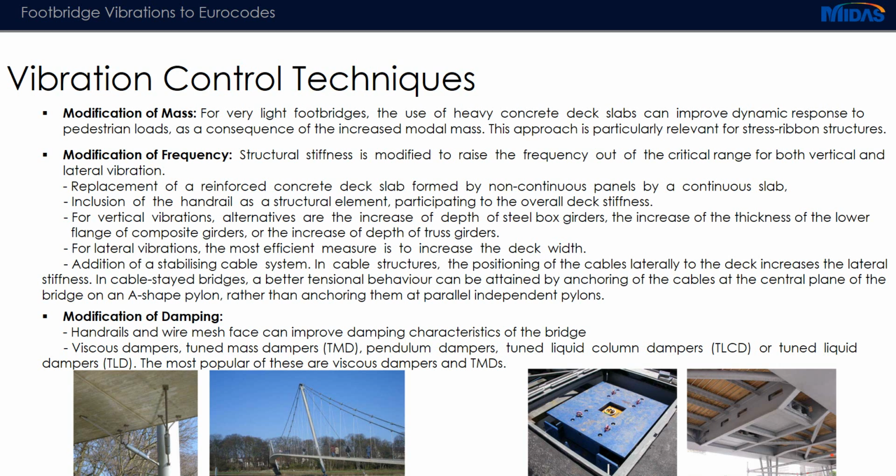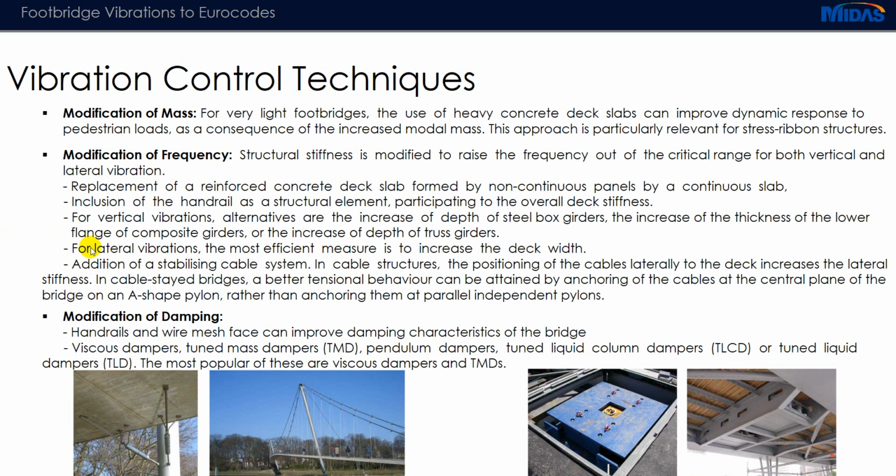So the way we do it is we replace non-continuous panels by continuous slab maybe, or maybe include handrail as a structural element, or just modify the depth of the steel box girders, or maybe thickness of the lower flange of the box girders. Okay, just playing around with the thickness and the depth. But these may have their own limitations because we may be hindering with the aesthetics of the structure.